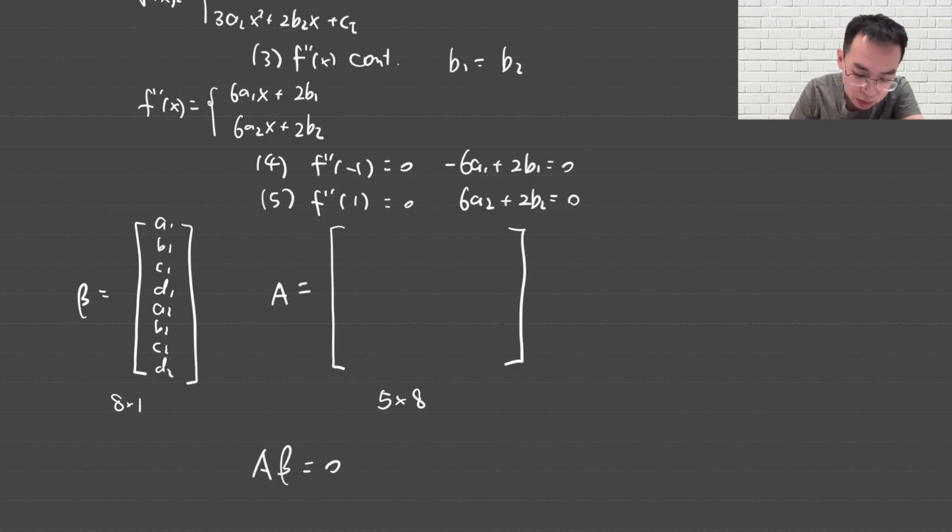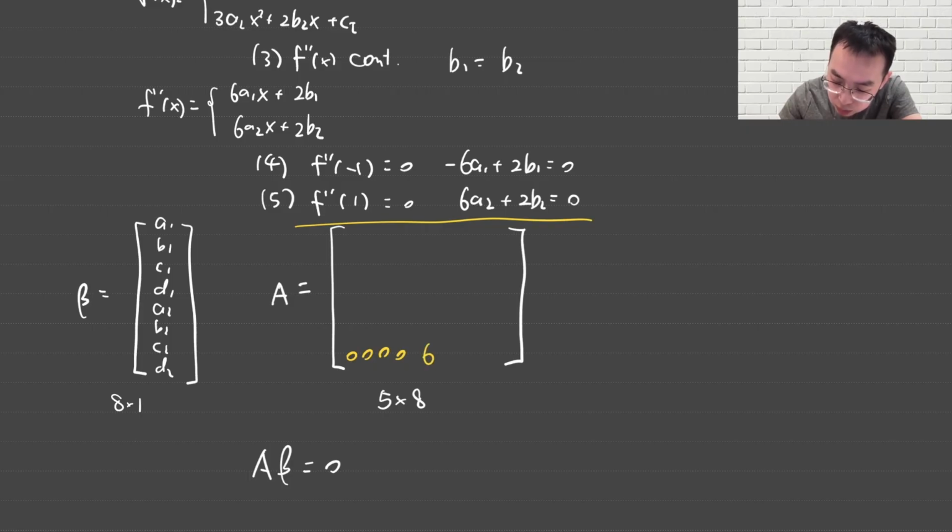I'm just going to do one, let's do the last one. We're going to have the first 4 terms equal to 0, and then we'll have a 6 and a 2 and 0, 0.